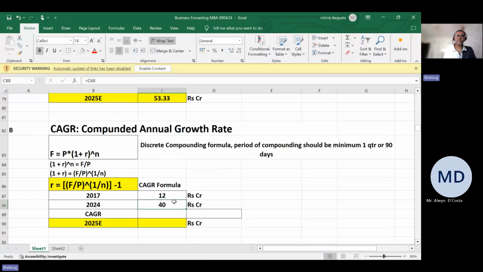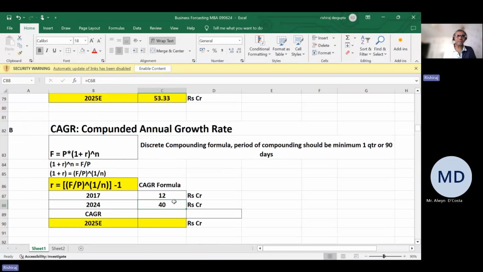And in 2024, the fixed deposit matures with a 40 crore total maturity amount. So 12 crore invested, 40 crore total maturity amount, and we have this annually compounding scenario.